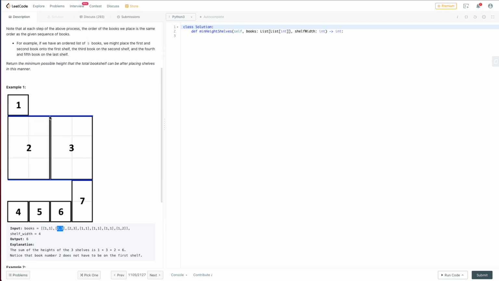So I guess the hard part is, for this, how do you know if 2 goes up here or down here?